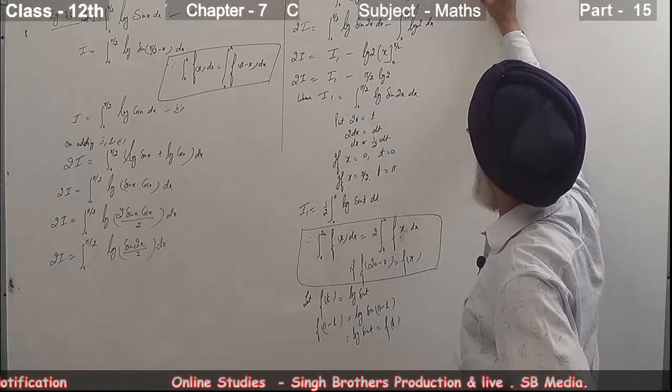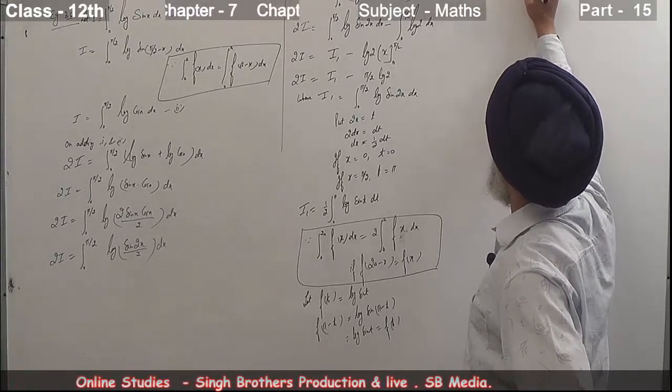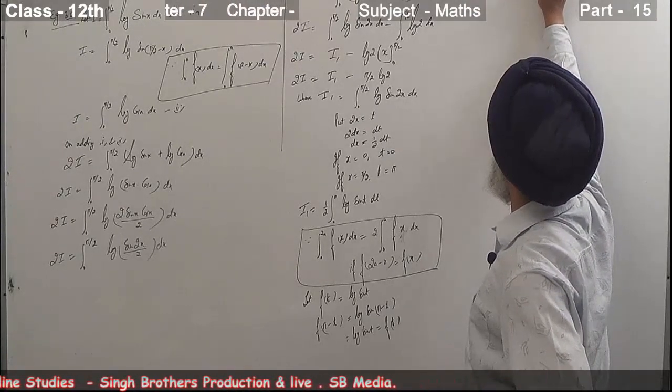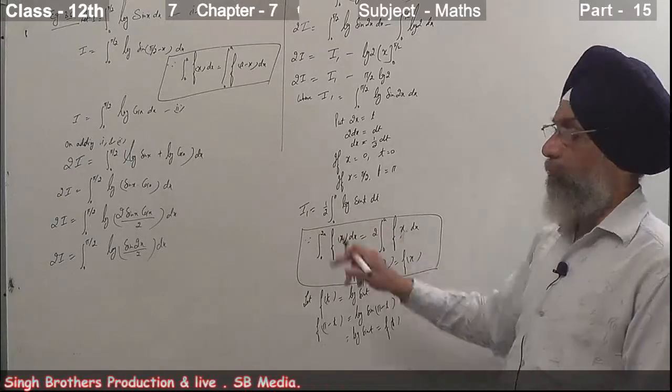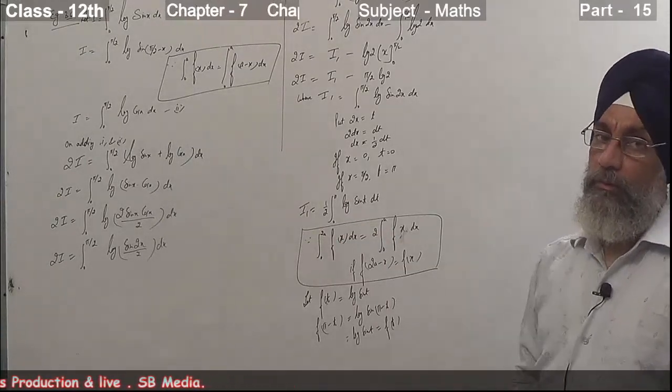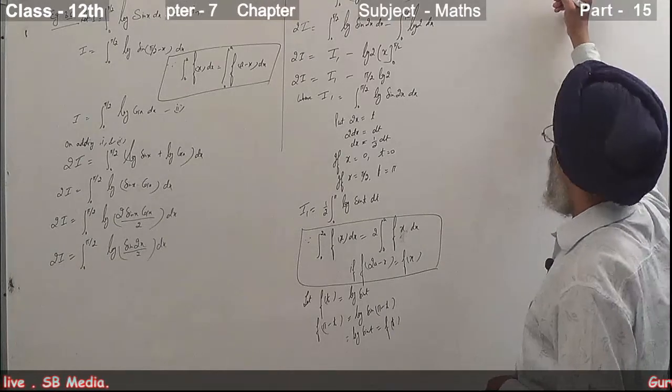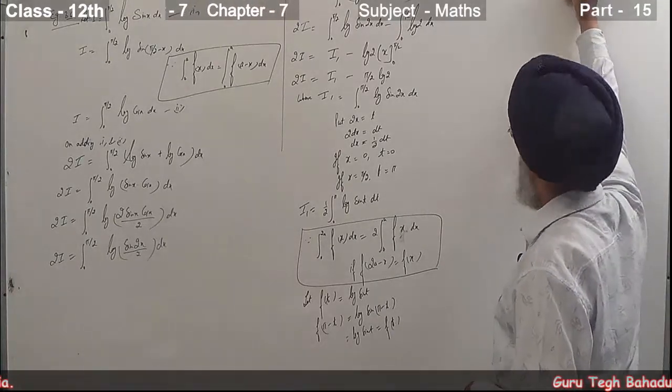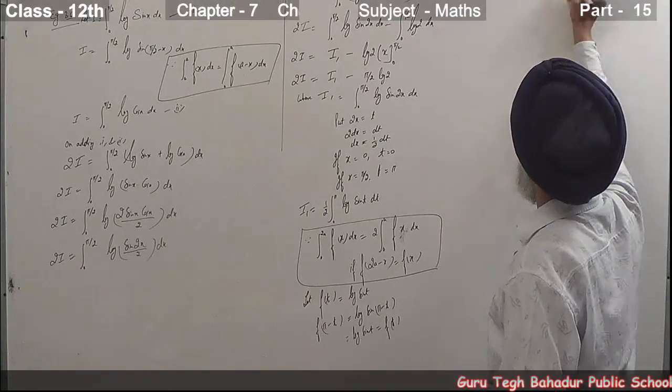Therefore, I1 becomes half into 2 times the integral from 0 to pi by 2, if we are considering pi as 2a, then a becomes pi by 2, of log sin t dt.